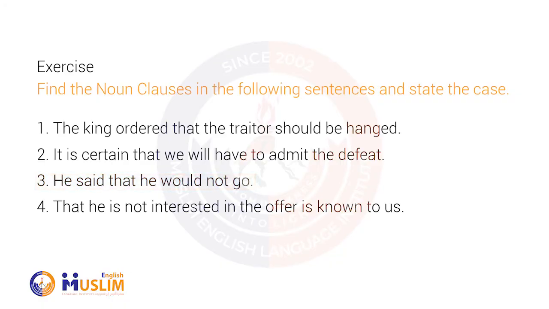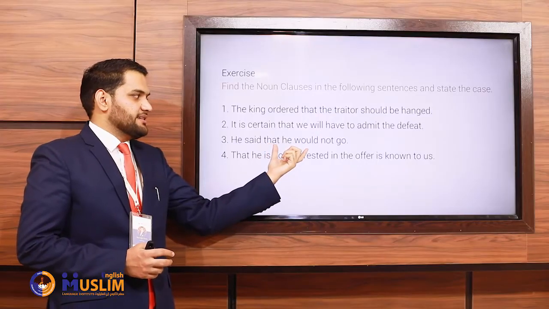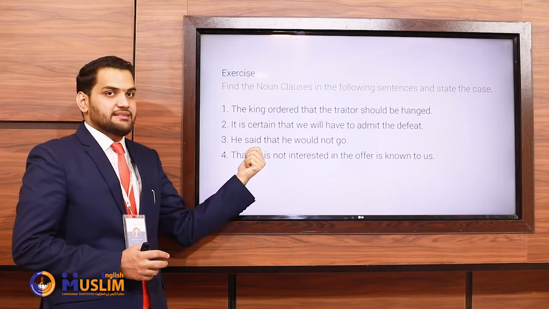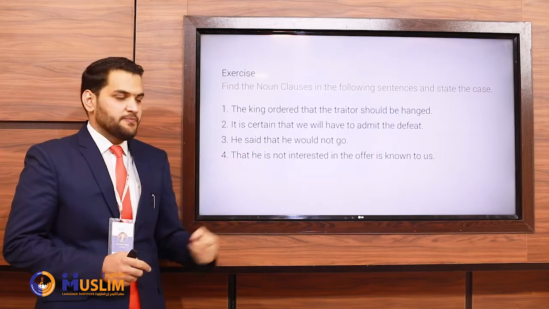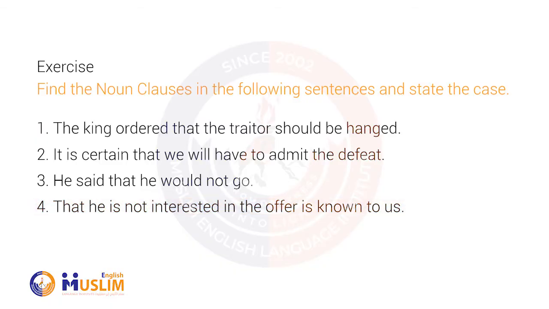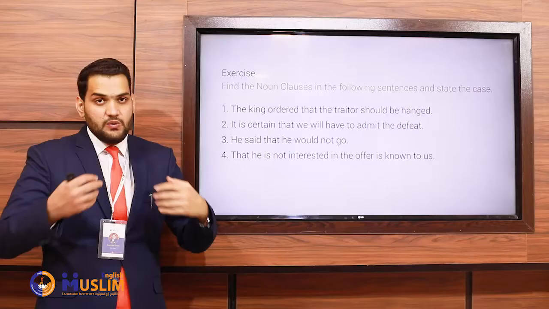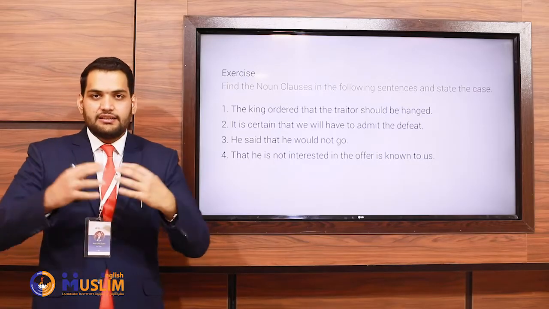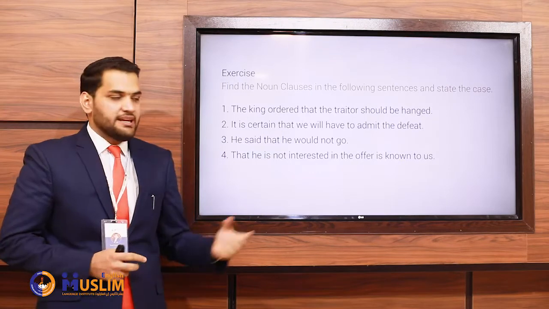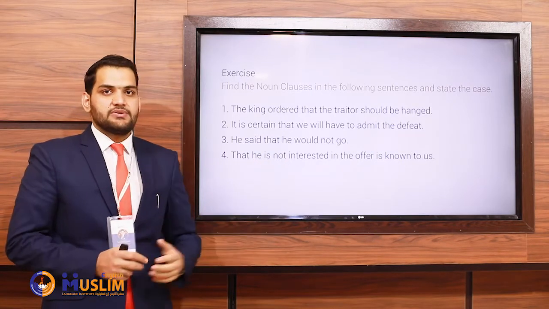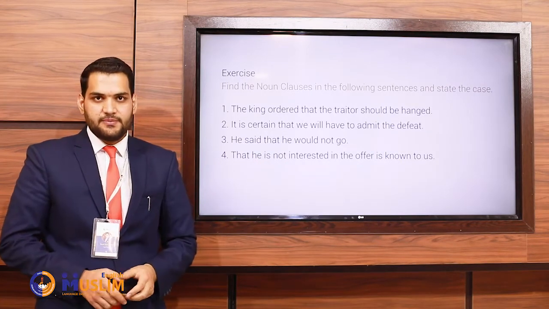Number 3, he said that he would not go. That he would not go is a noun clause and it is used as the object of the sentence. Number 4, that he is not interested in the offer is known to us. What is known to us? That he is not interested in the offer. This noun clause is used as the subject of the sentence.